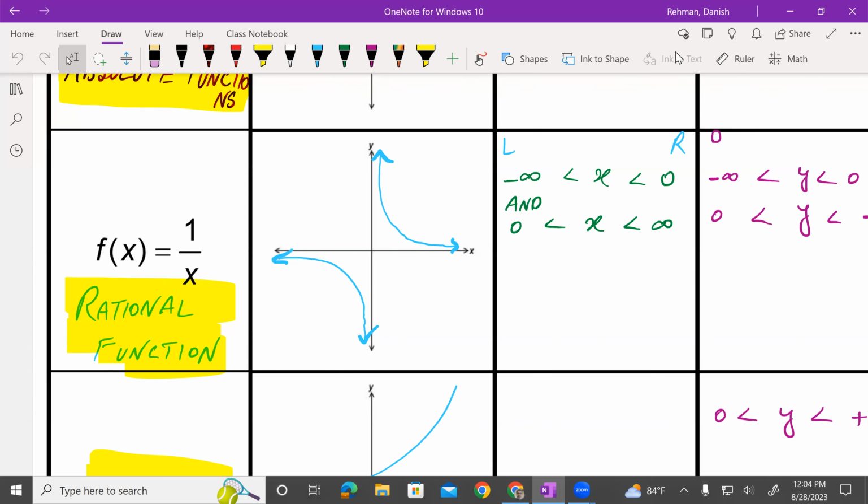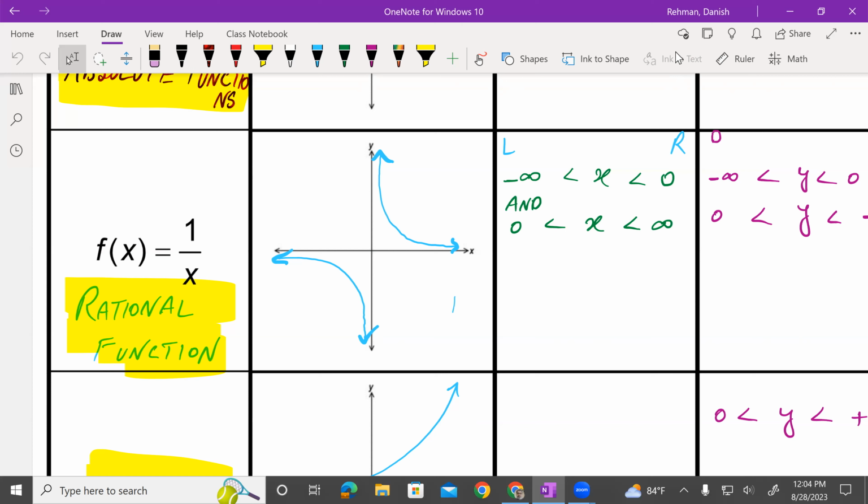For this as well, arrows are going there and on the left hand side also. For this exponential function, the x-axis here is an asymptote. This is an asymptote. Okay. How far is it going to the left side? Because of that arrow, it's going up till infinity to the left hand side.